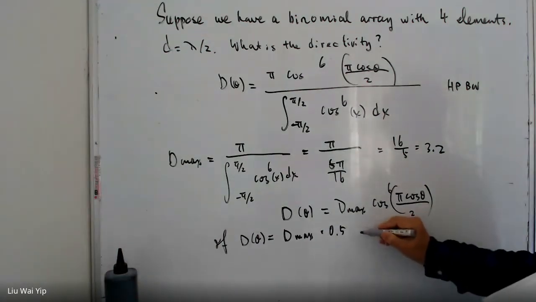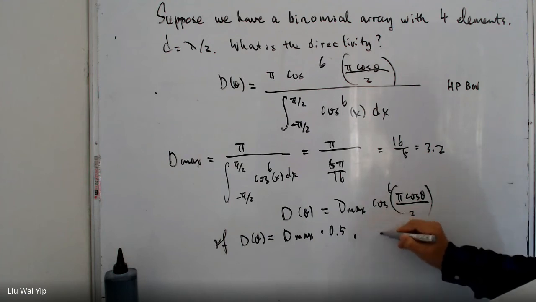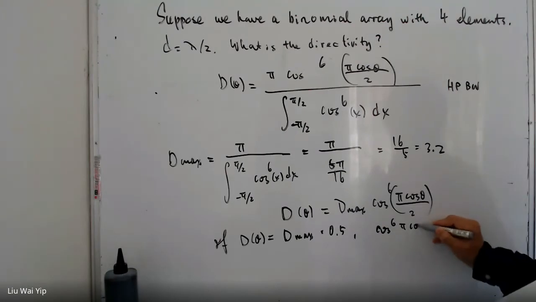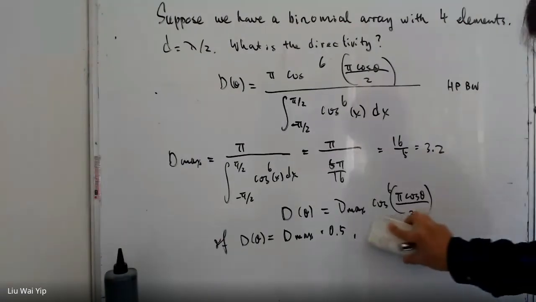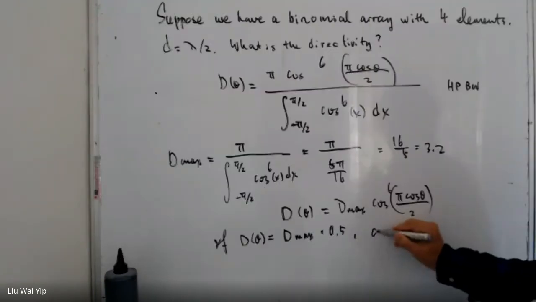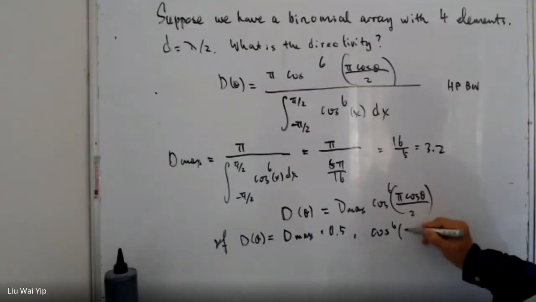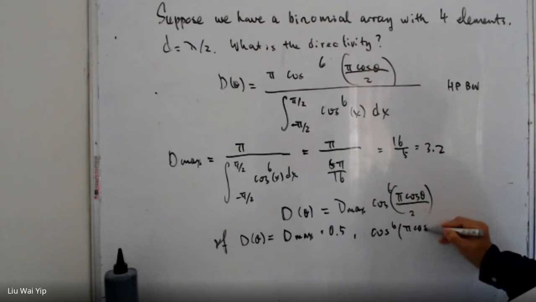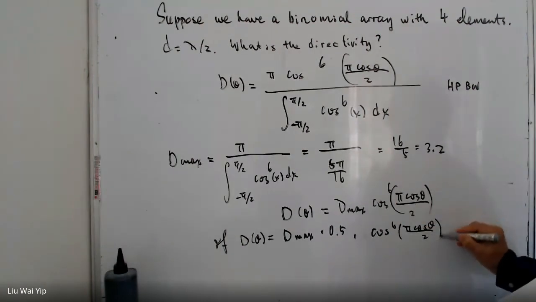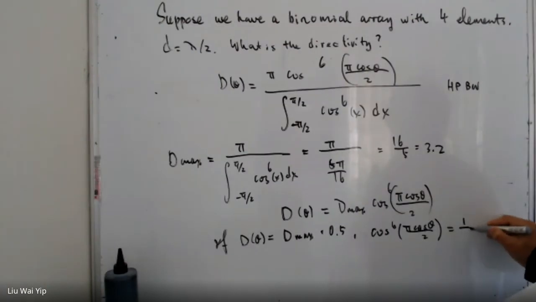So this one is going to be equal to pi times 1 over 2.